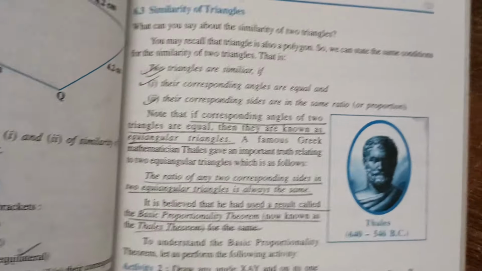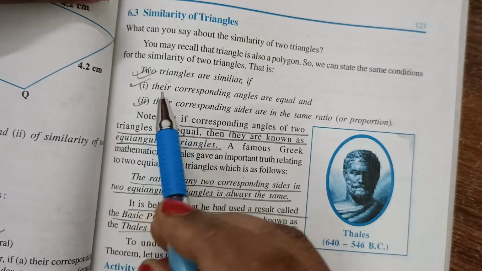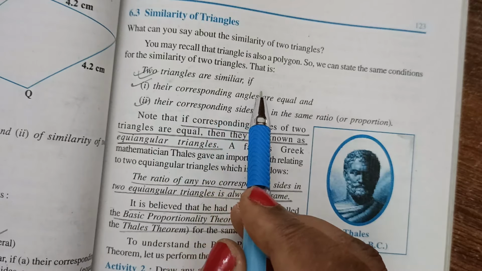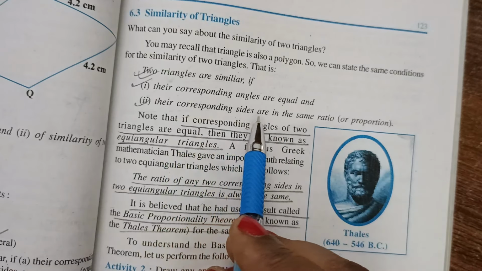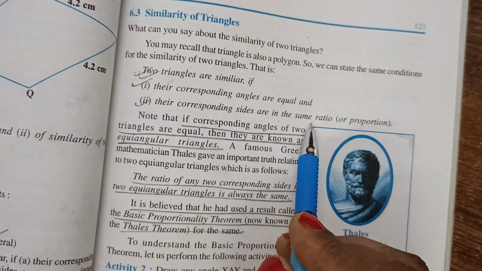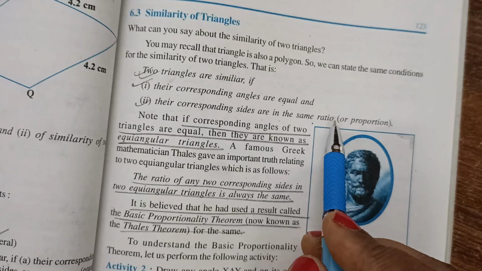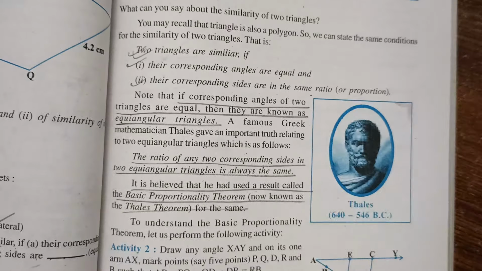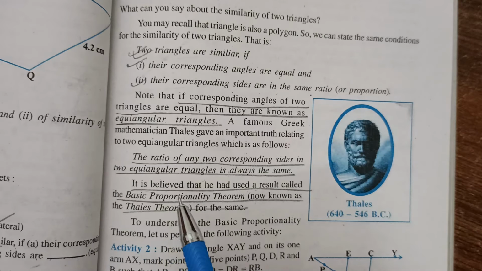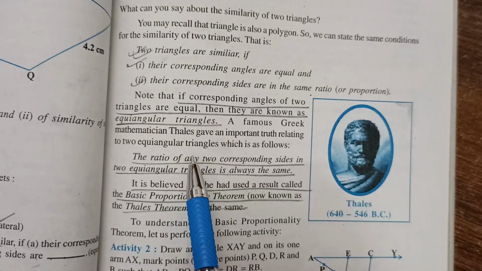Now children, the two conditions for triangles to be similar are that their corresponding angles are equal and their corresponding sides are in the same ratio, or they are proportional to each other. A famous Greek mathematician, Thales, gave an important truth relating to equiangular triangles.